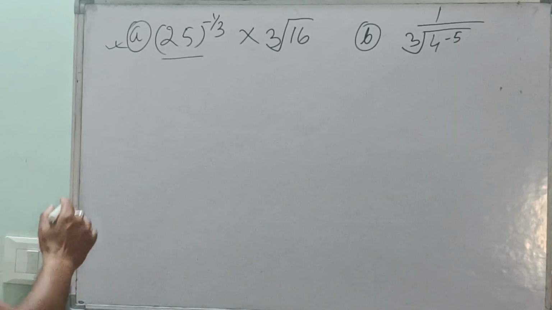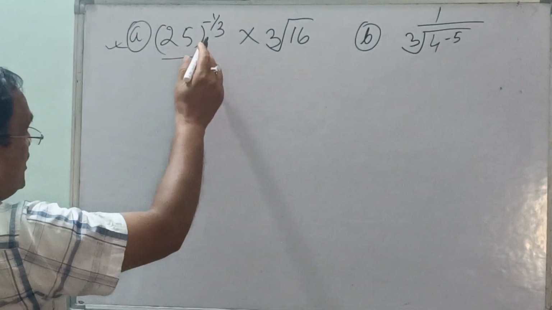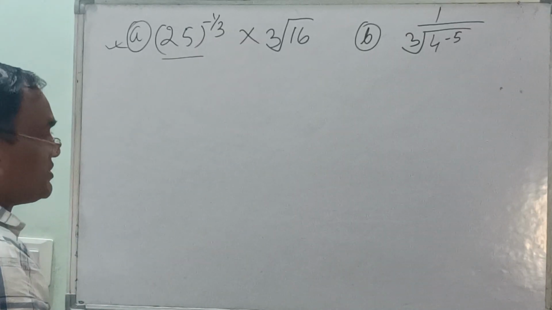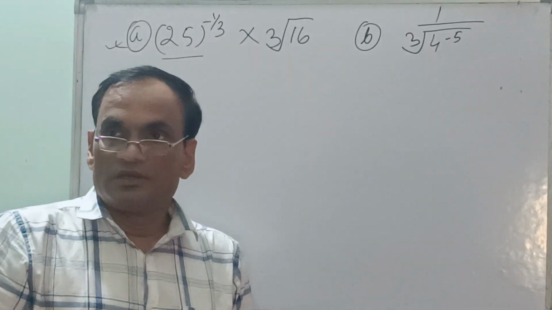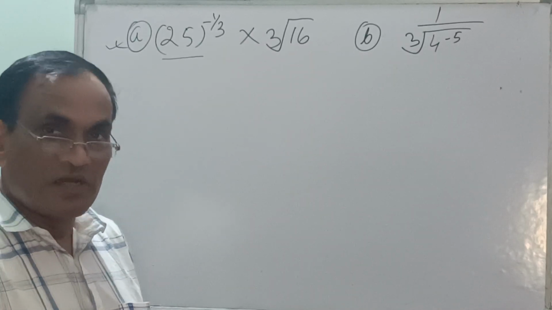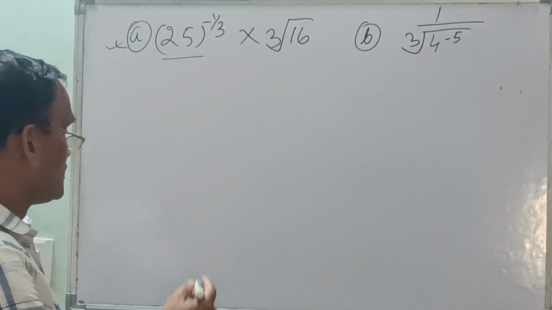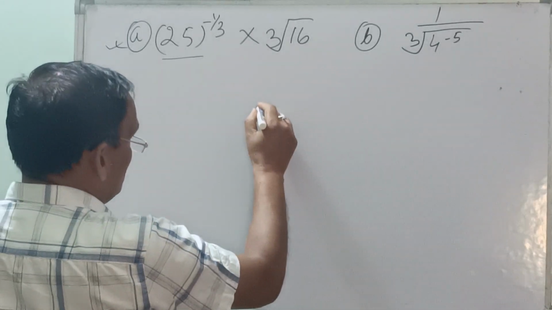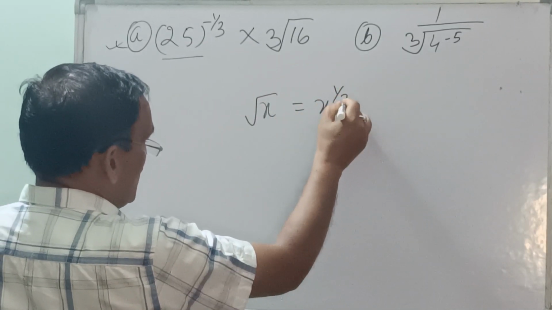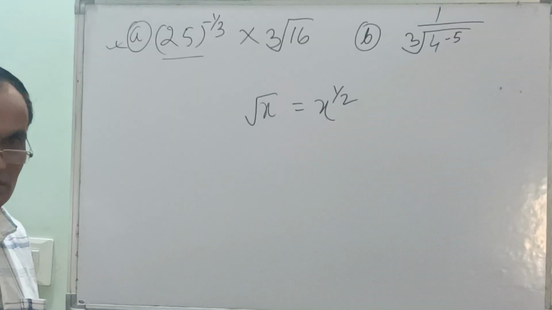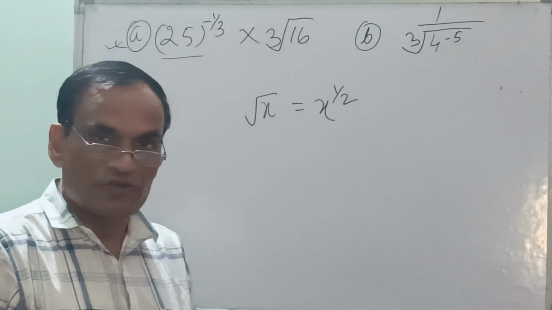Now 25 to the power minus 1 upon 3. I just want to recall what we have already discussed in the previous classes. I told you, if x is under root, then we can write x to the power half. We are just trying to remember it.